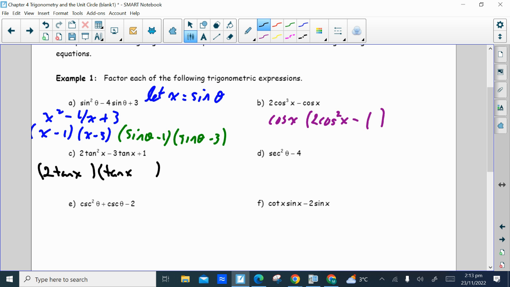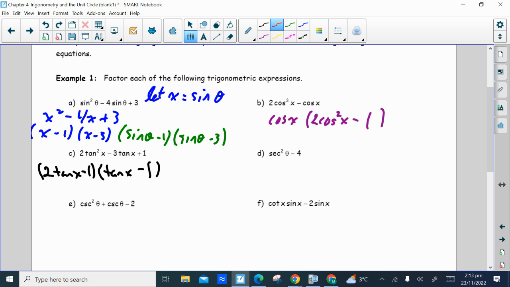But when we multiply out the 2 binomials, we have to get a -3 tan x in the middle, which will mean that both of these have to be -1s at the end. -1 times -1 gives you your +1. The front terms multiply to get 2 tan squared x. The outer product will be -2 tan x. The inner product -1 tan x. -2 take away 1 is -3 tan x. So it checks.